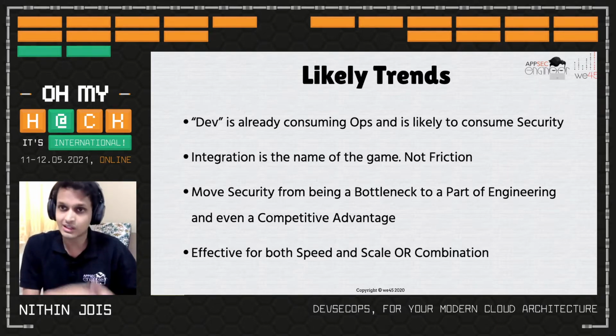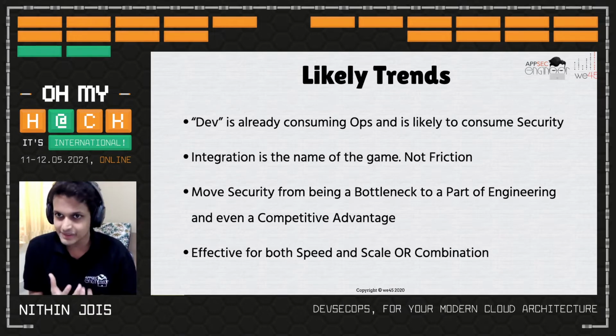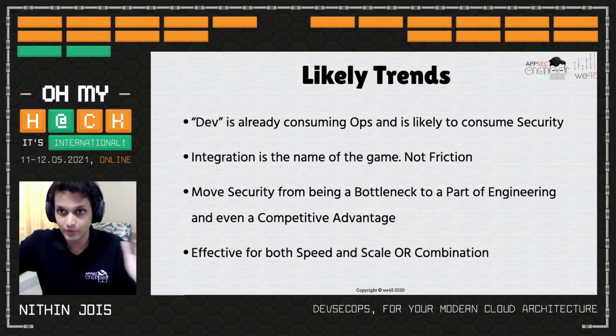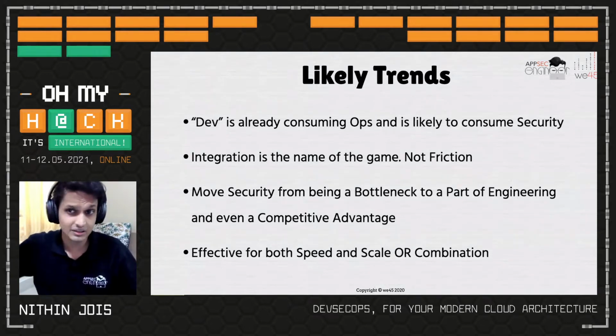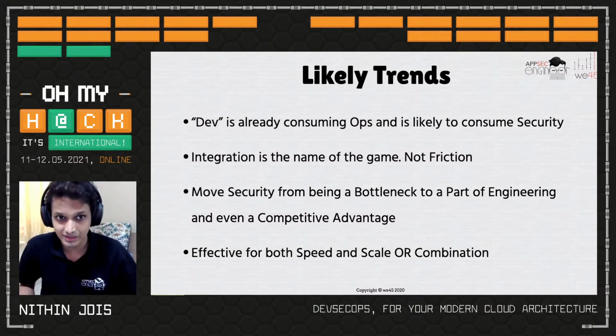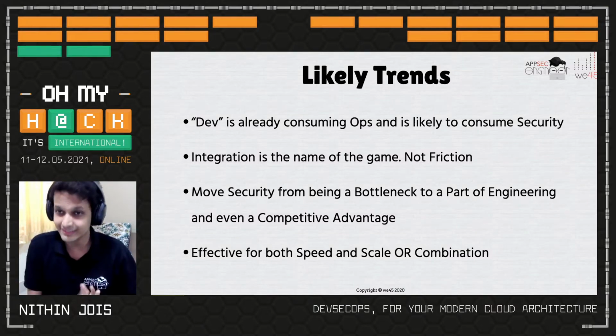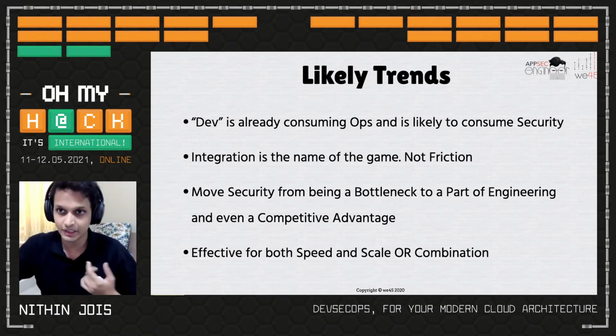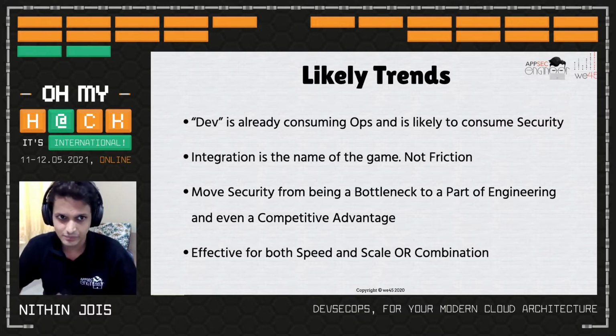So developers are already kind of used to ops these days when it comes to infrastructure as code and using that to deploy the entire infrastructure on your cloud provider. And eventually, pretty soon, they're likely going to start consuming security as well, right? So integration is going to be the name of the game and not friction when it comes to developers having to be involved with some amount of security.